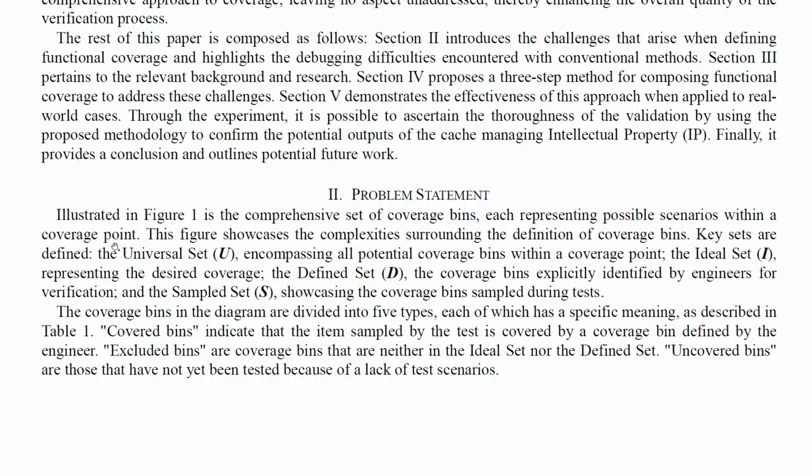Key sets are defined: the universal set U, encompassing all potential coverage bins within a coverage point, and the ideal set I, representing the desired coverage; the defined set D, the coverage bins explicitly identified by engineers for verification; and the sampled set S, showcasing the coverage bins sampled during test.